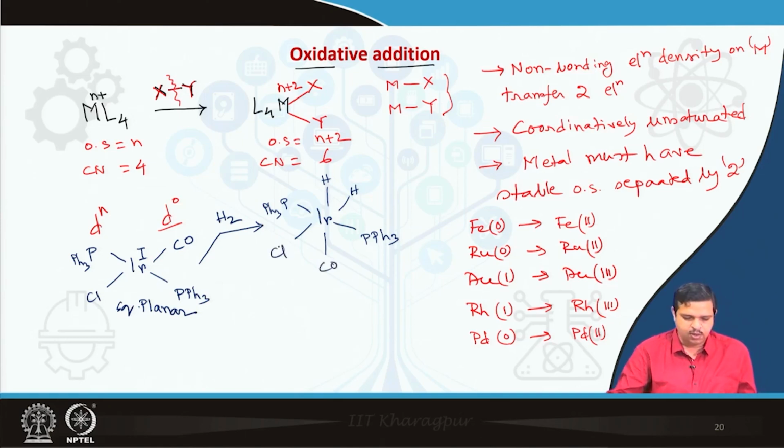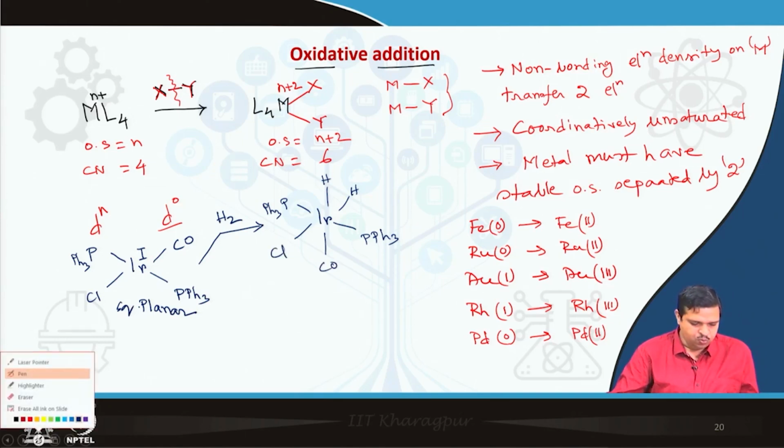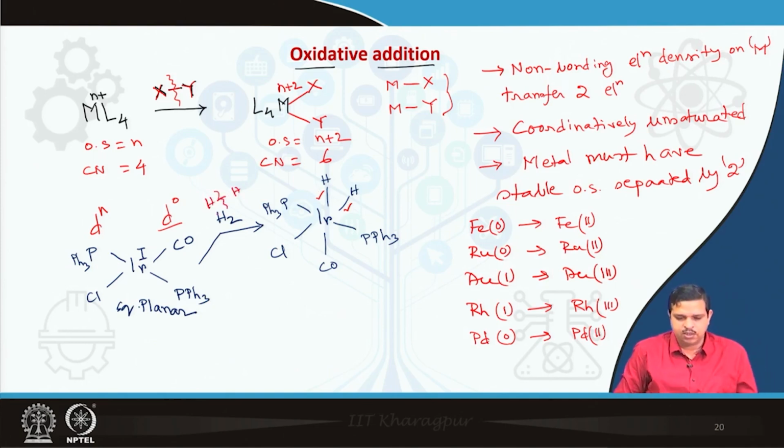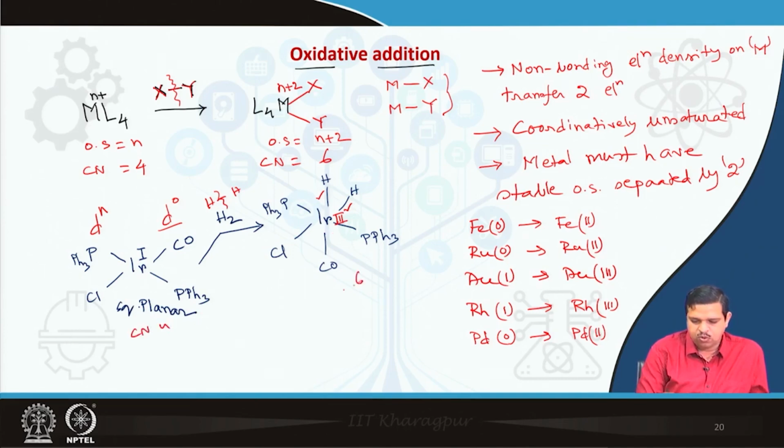So, here you will see the 2 new bonds have been formed, this one and this one, and this H-H bond is cleaved. And if you see carefully, the iridium is now in oxidation state 3 and the coordination number is now 4 to 6. So, you will see that the iridium complex has undergone the oxidative addition in presence of dihydrogen.